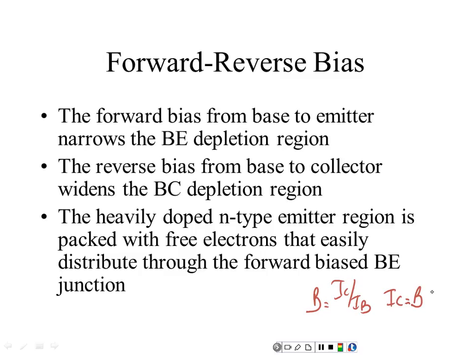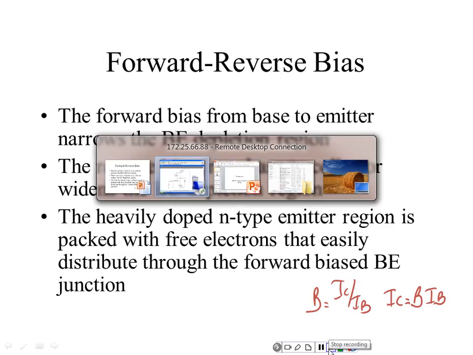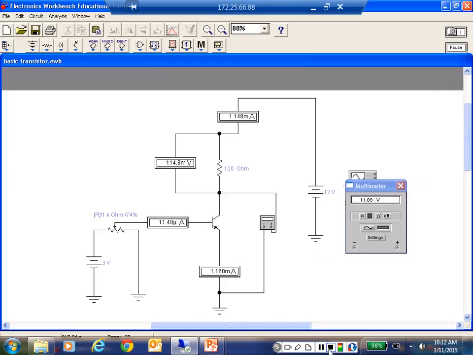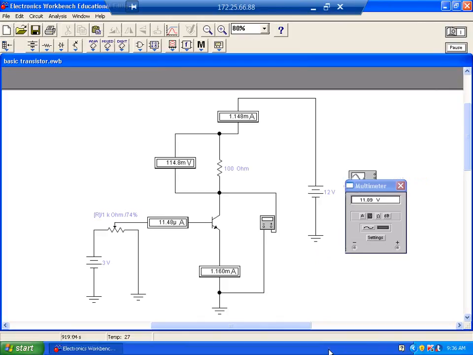It's going to equal the beta times IB. Very simple formula. I mean, it's not a formula. It's gain, right?